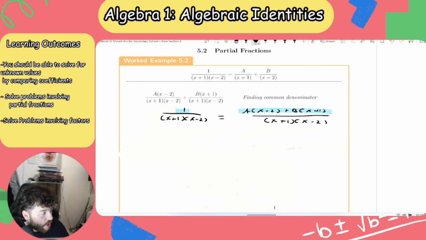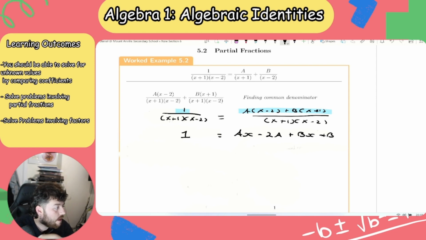So I'm going to equate the numerators. So I'm going to have 1 is equal to ax minus 2a plus bx plus b. So I don't have any x's on my left hand side, so I'm just going to put in a 0x, a little 0x to help remind me what I'm doing.